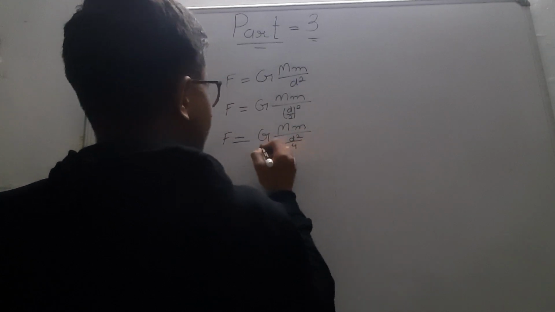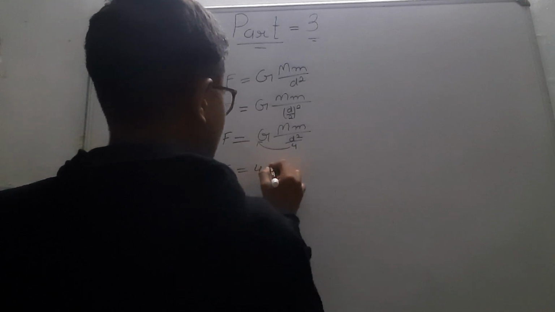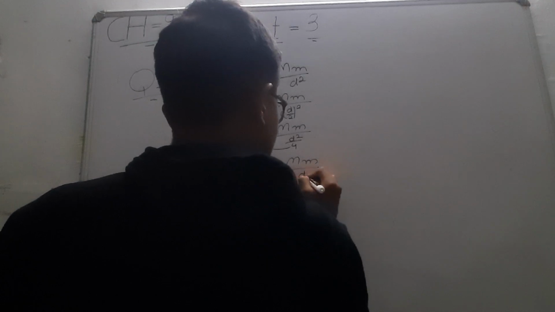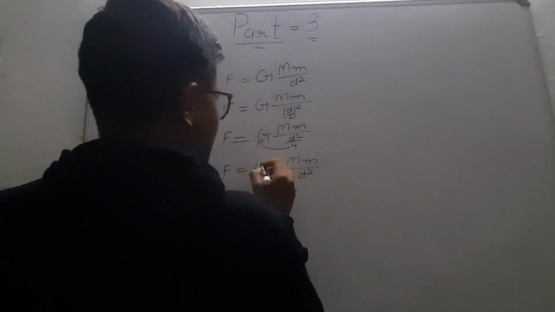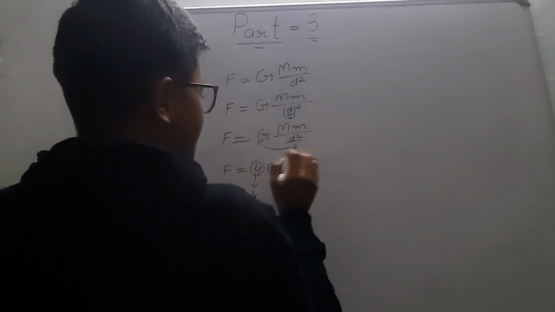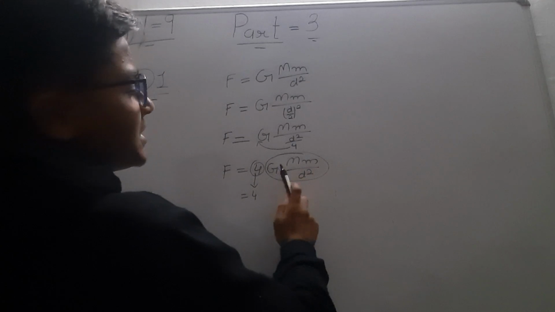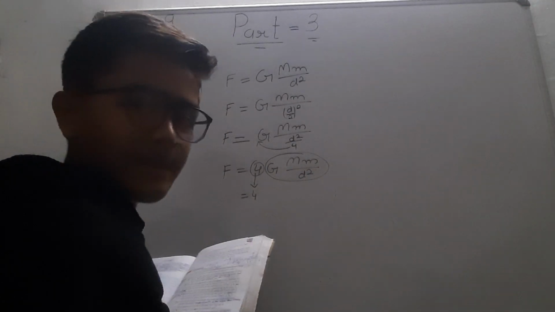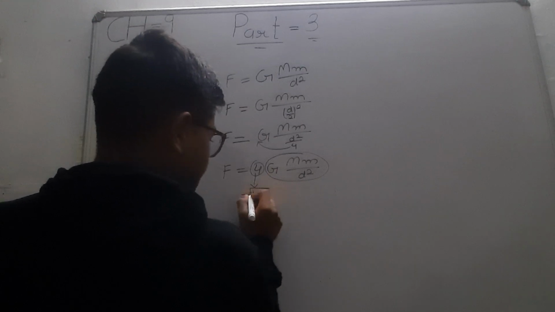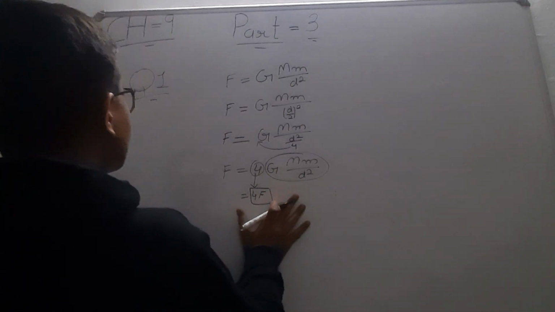So this 4 will come over here and F is equal to 4 G m1 m2 upon d square. G m1 m2 upon d square is F, so the answer of question number 1 is 4F.